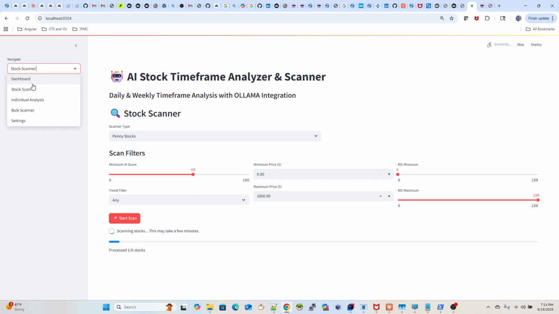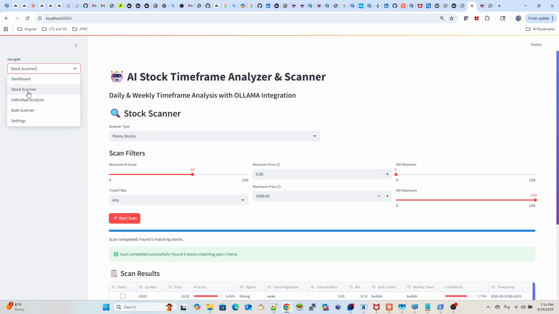For me, individual analysis is very important, as it is the core feature.